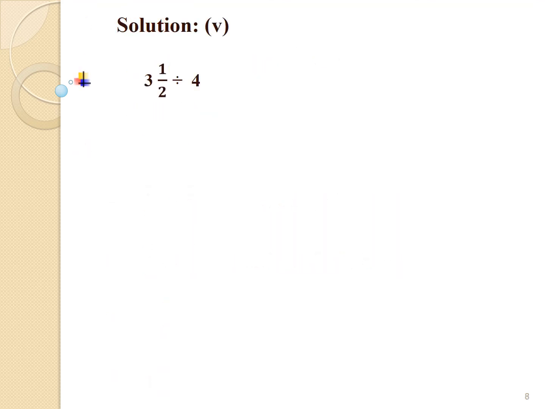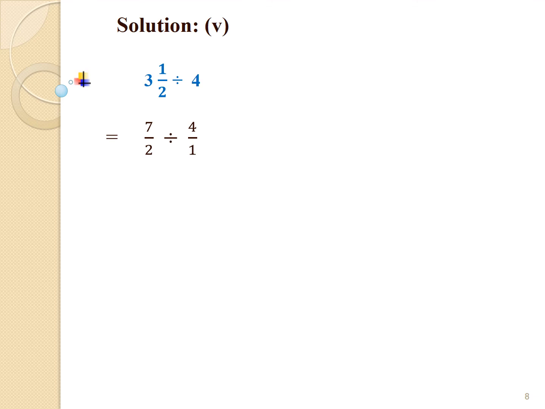Now, let us solve sum number 5. 3 integer 1 upon 2 divided by 4. First, converting mixed fraction 3 integer 1 upon 2 into improper fraction and whole number 4 into fraction, we get 7 upon 2 divided by 4 upon 1.